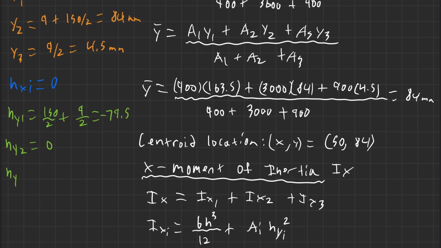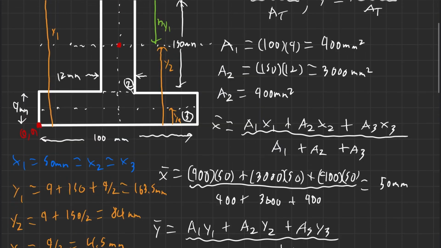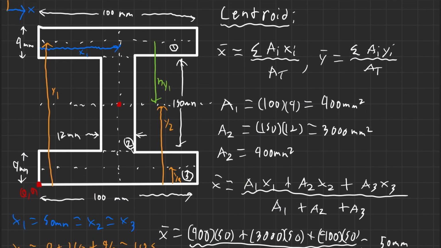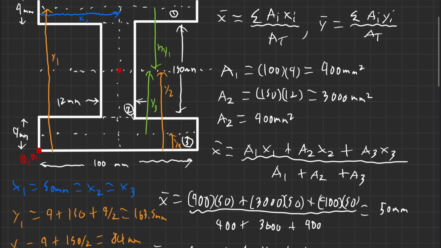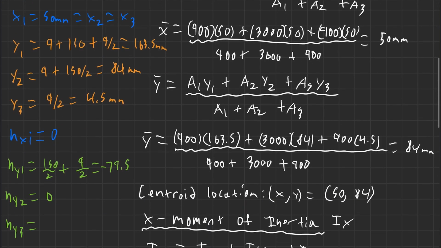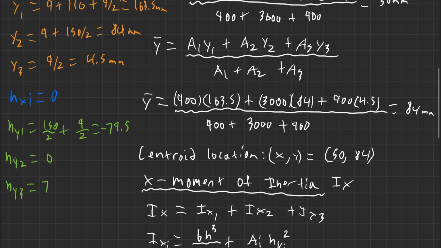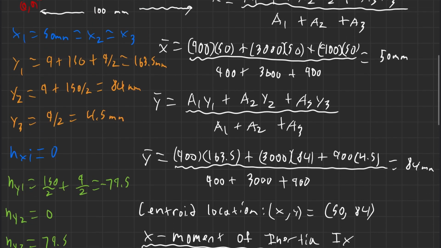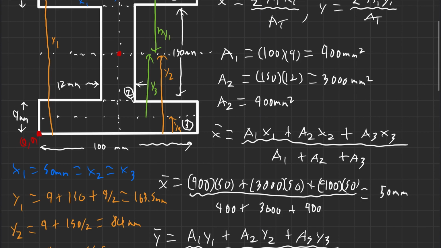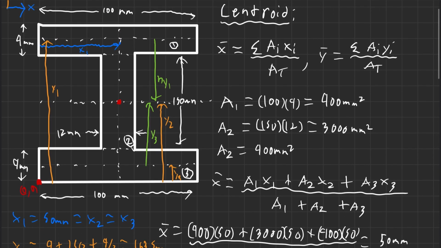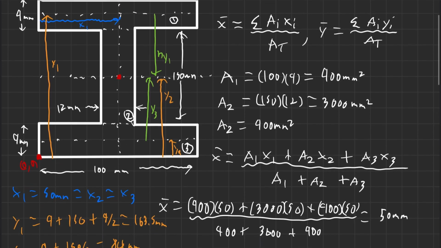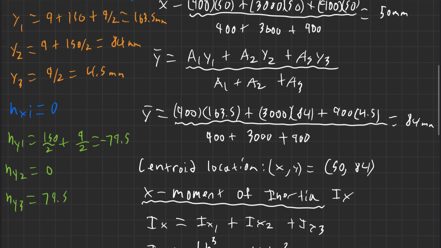And then hy3 is going to be the same. Half of 150 plus half of 9 is going to equal 79.5. But the difference between these two is this shape is below the centroid, and this one is above. So this one has to travel upwards to get to it, so it's going to be positive.